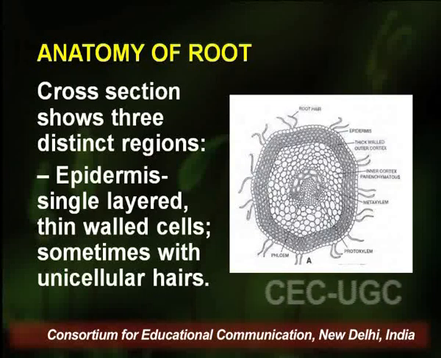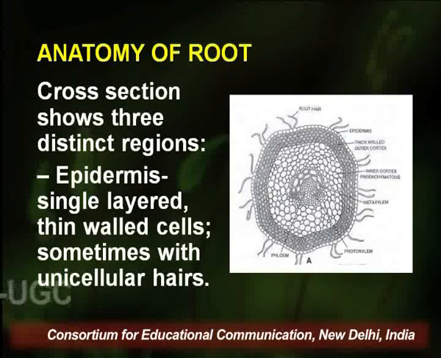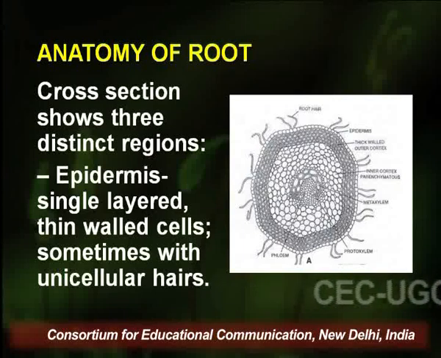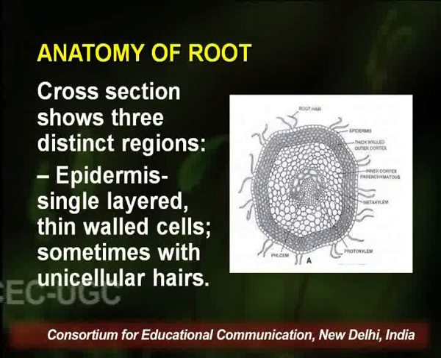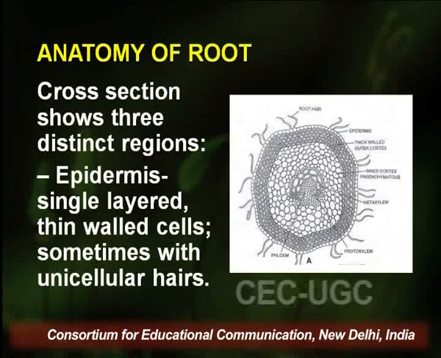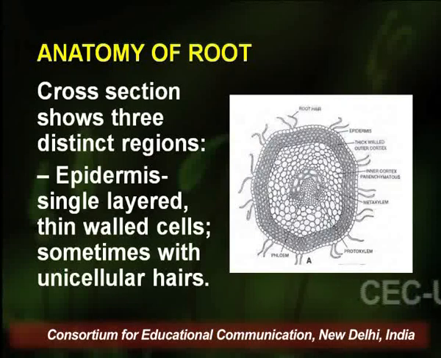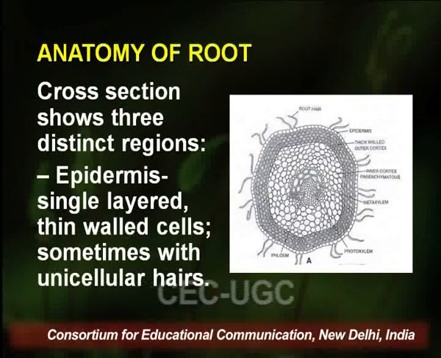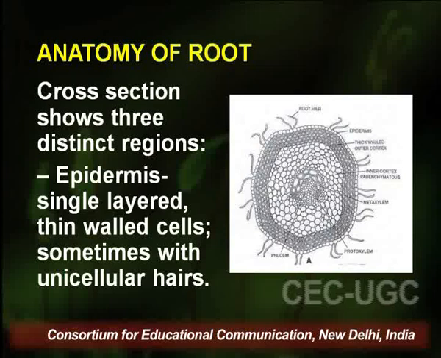These are thin walled cells and they give rise to root hairs in pairs and sometimes unicellular hairs also. Now, the presence of root hairs in pairs is one of the unique features of Lycopodium root. And the origin of these paired root hairs is also very unique.